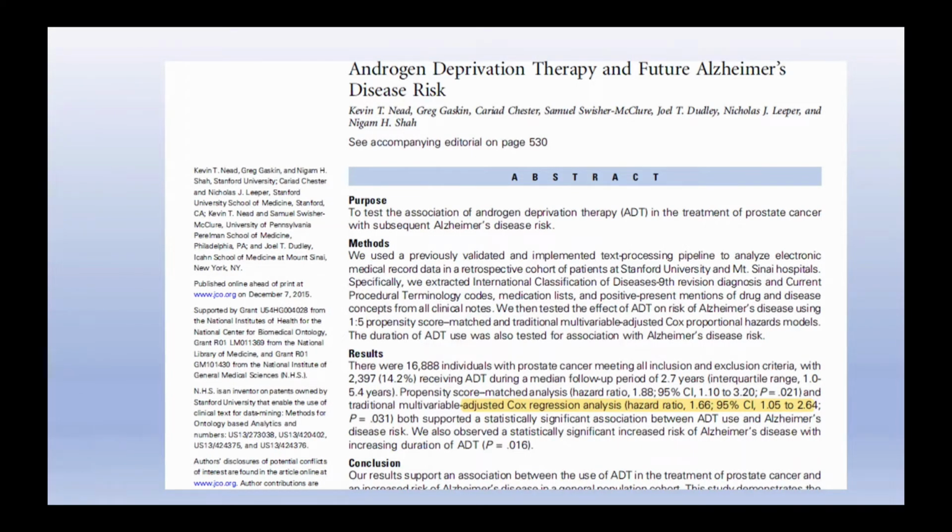So let's look at an example in urology. So androgen deprivation therapy has been in the literature quite a bit, and one of the outcomes that they have looked at is Alzheimer's disease. And so this was a study in New York, a cohort study that found an association, hazard ratio of 1.88, with ADT use and Alzheimer's disease.